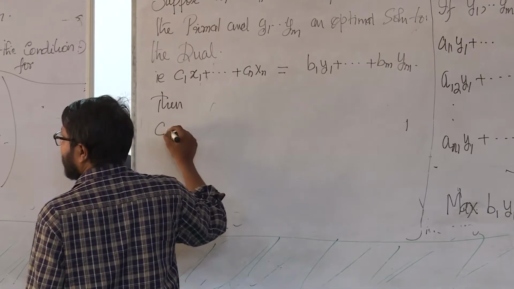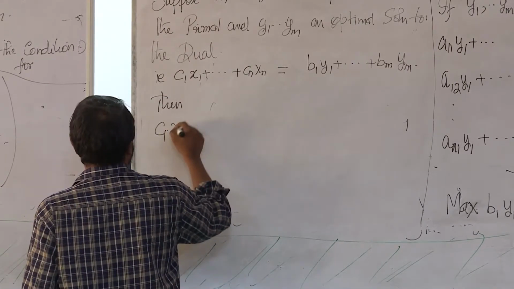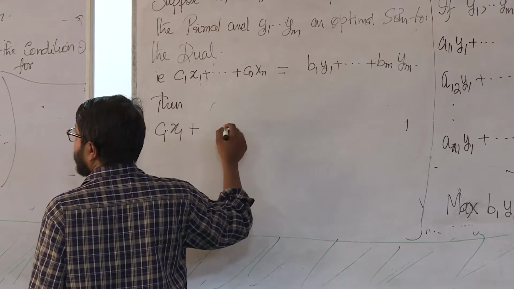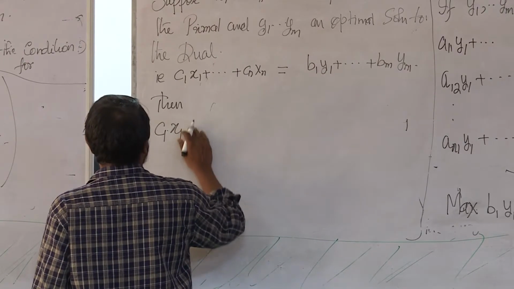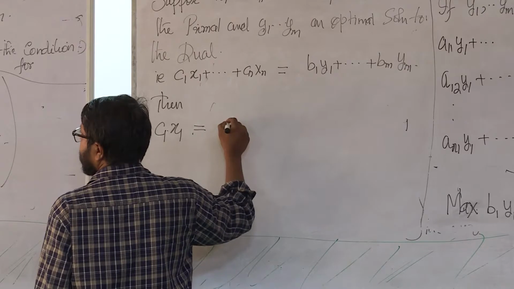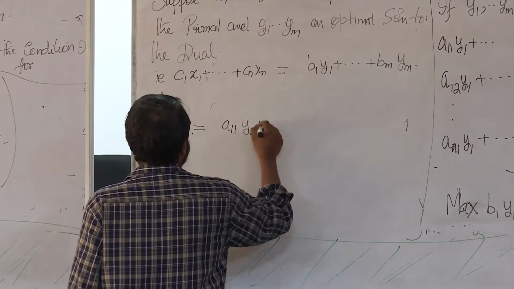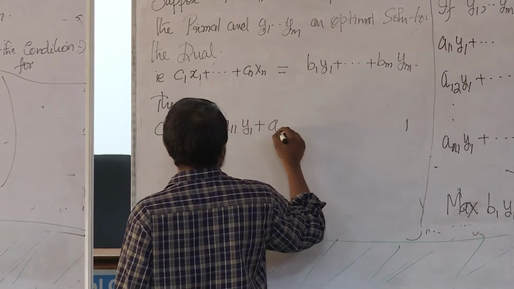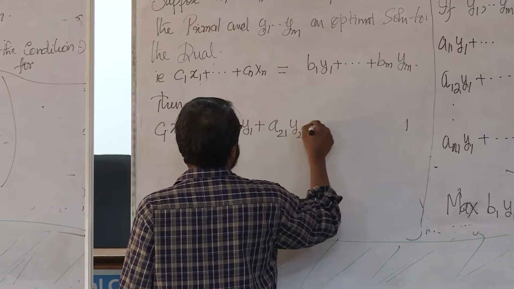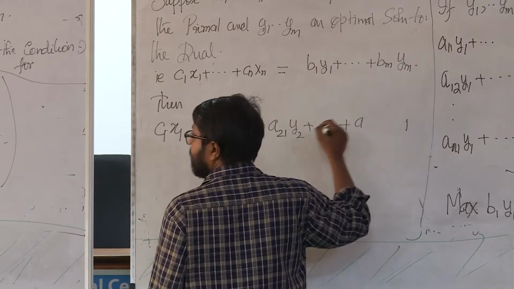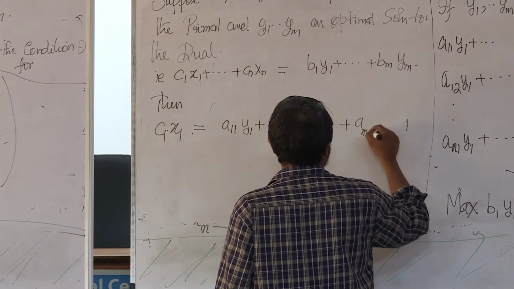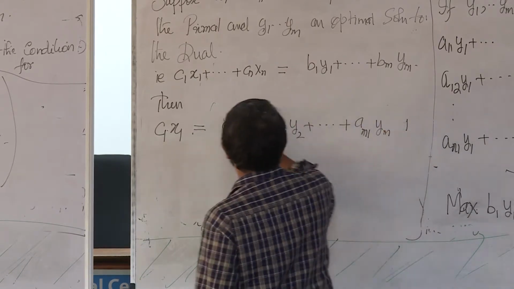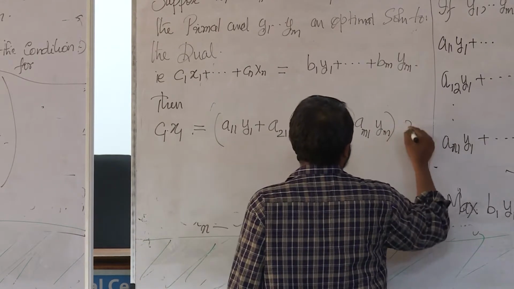C1 x1 should be equal to a11 y1 plus a21 y2 plus am1 ym, times x1.